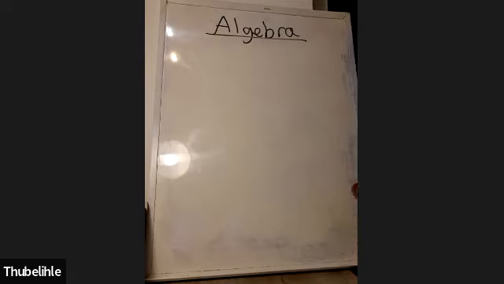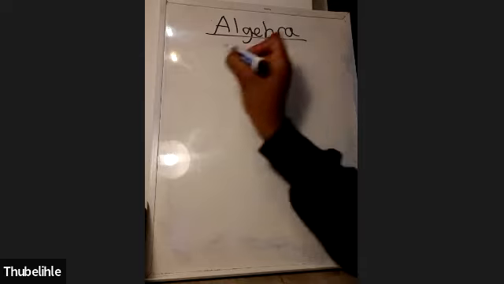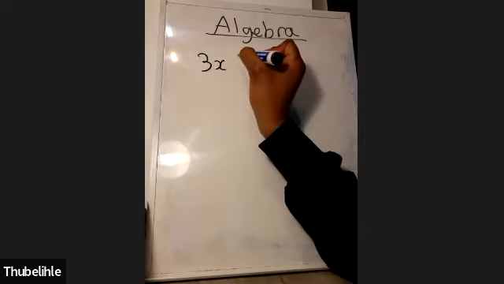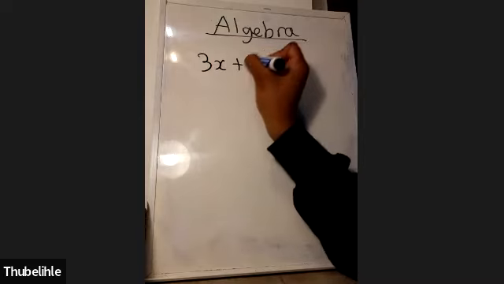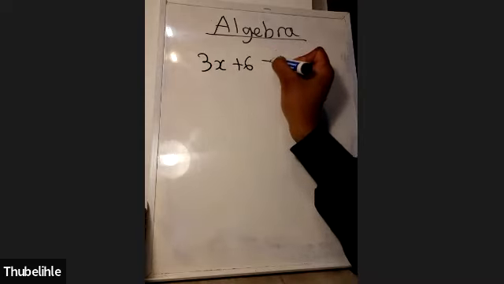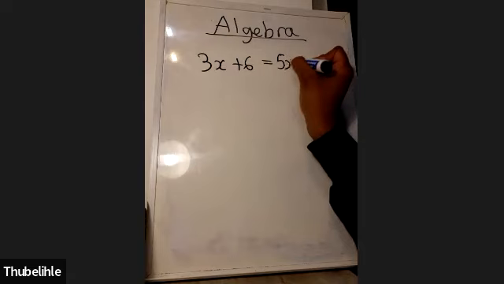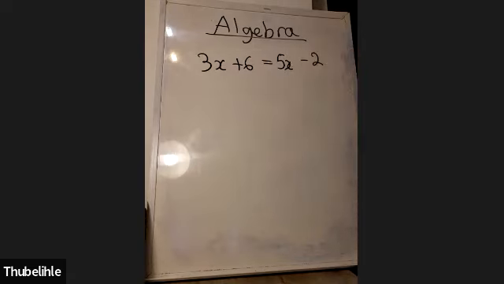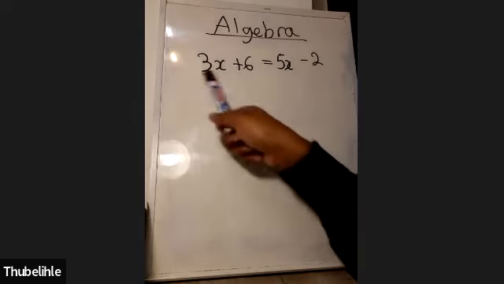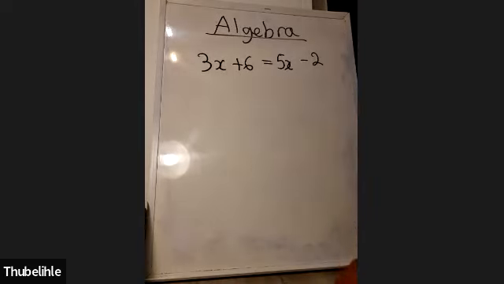On page 30, there's an example. It says 3x plus 6 is equal to 5x minus 2. Okay, so the same way that I said you have to group like terms and unlike terms, we have to do the same thing here.